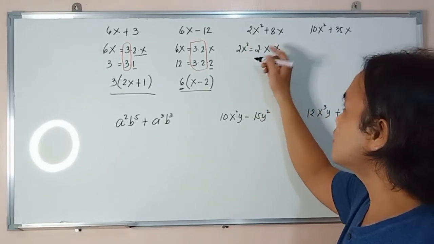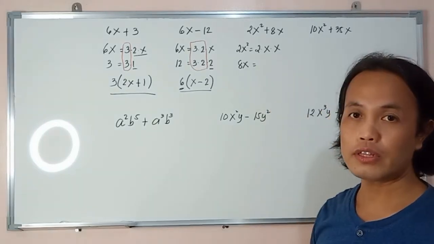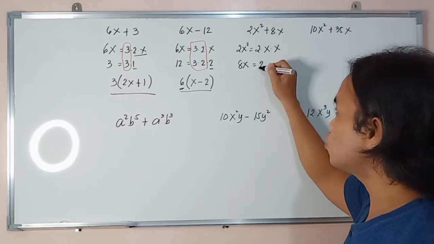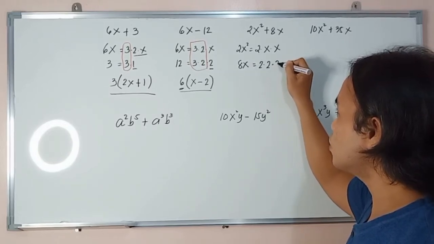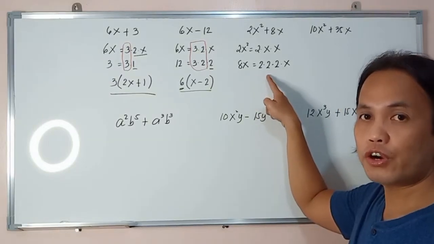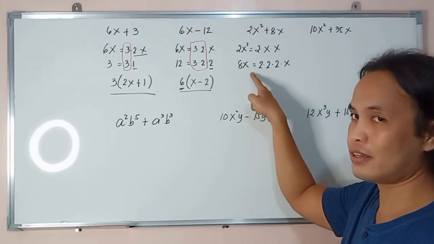The second term is 8x, so we factor 8x. The prime factorization of 8x is 2 times 2 times 2 times x. 2 times 2 is 4, 4 times 2 is 8, 8 times x is 8x.